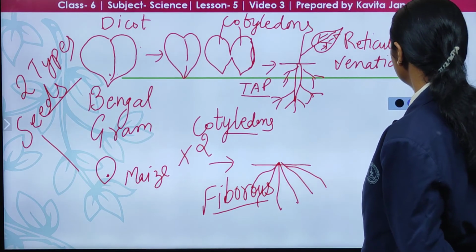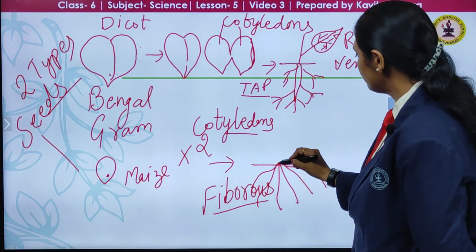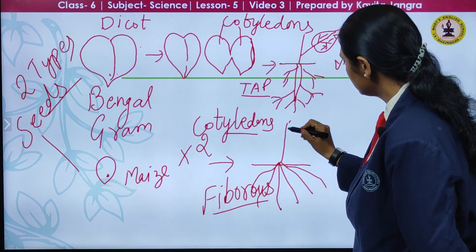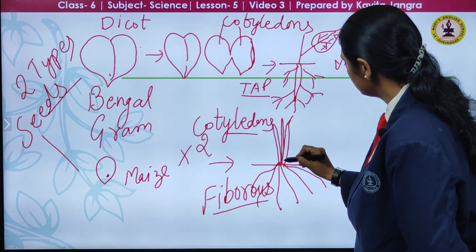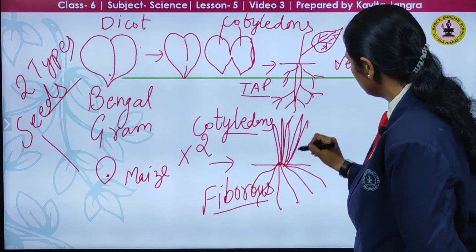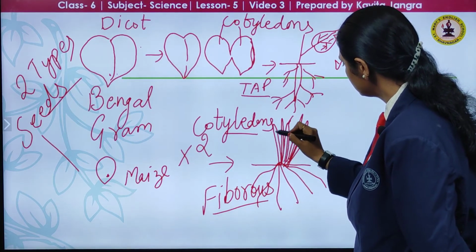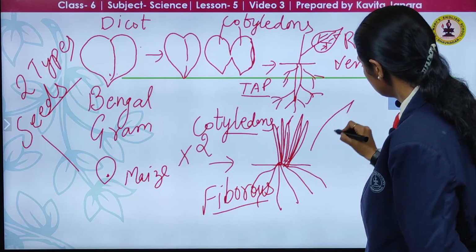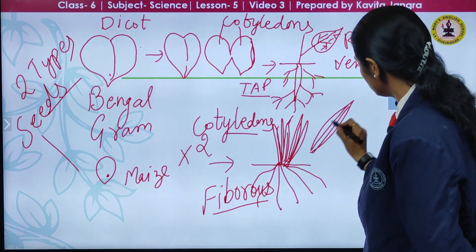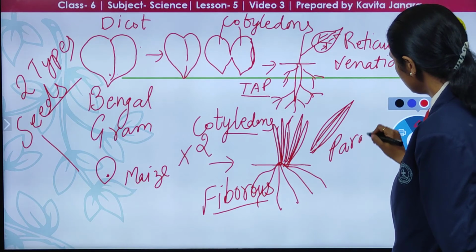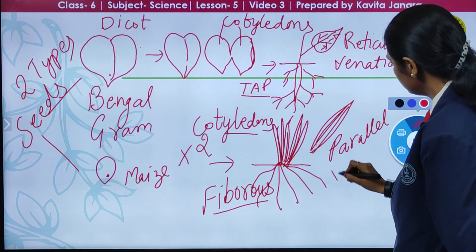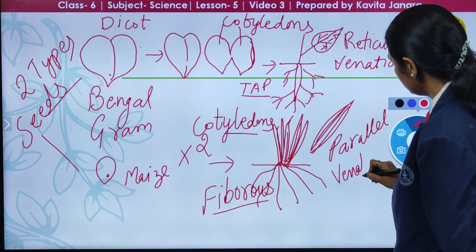But in the case of fibrous roots, in grasses, if you observe, the leaves are long and their venation is parallel venation. So here we can differentiate that venation depends on the roots also.